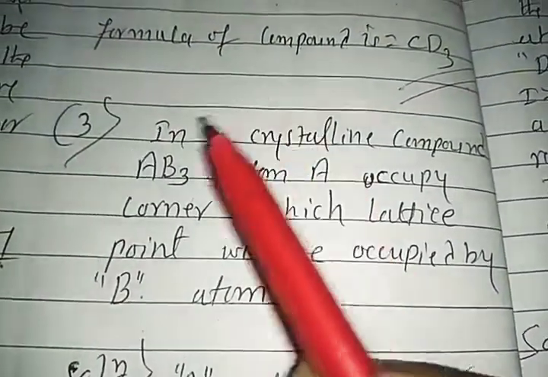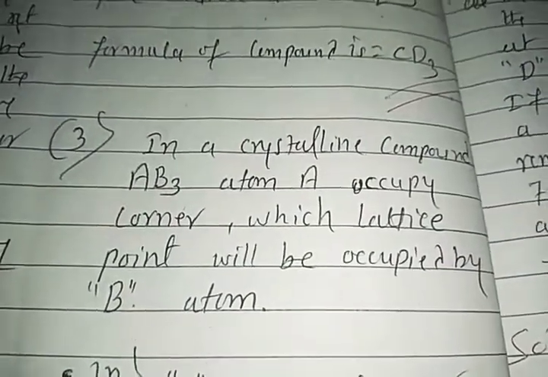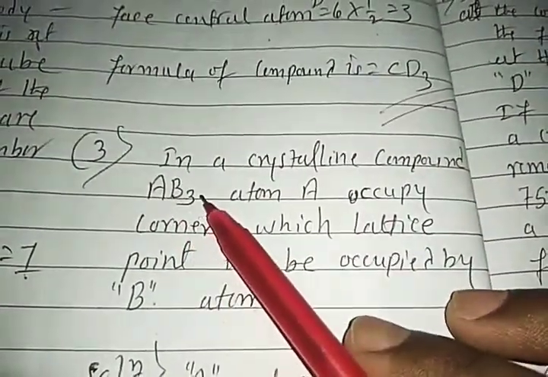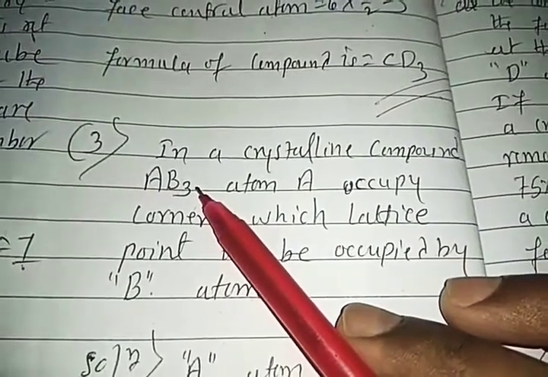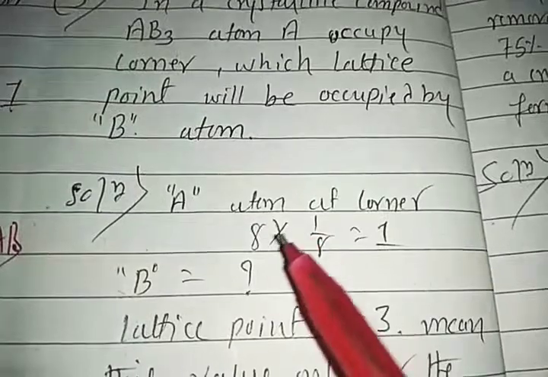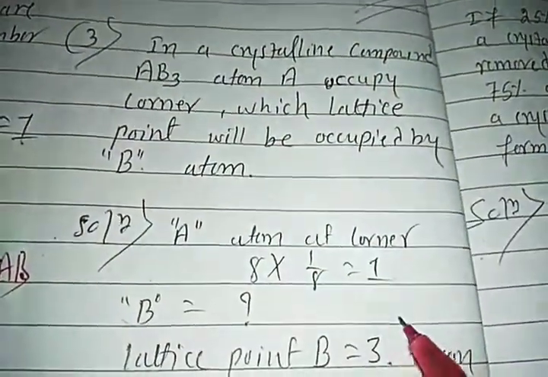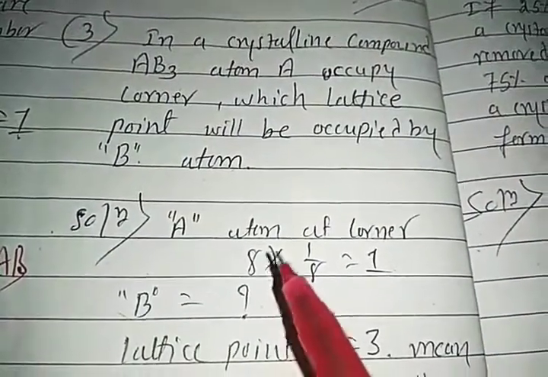So students, we already know that the contribution of 3 is the face center: 6 atoms contributing 1 by 2, that is 3. The A atoms at the corner, 8 into 1 by 8, is 1. So what is the lattice point of B?